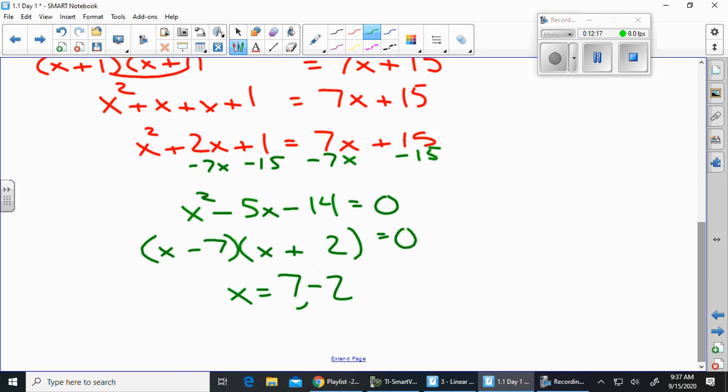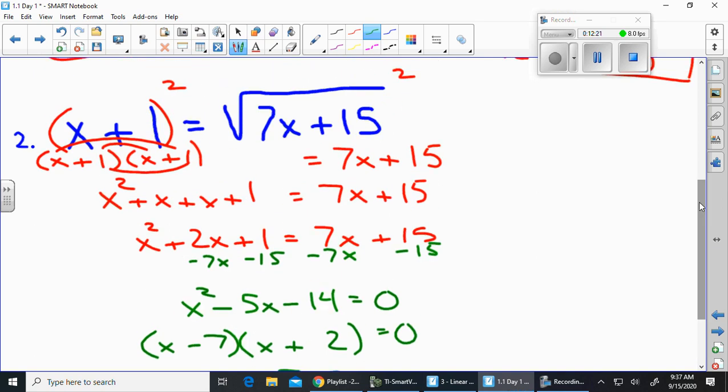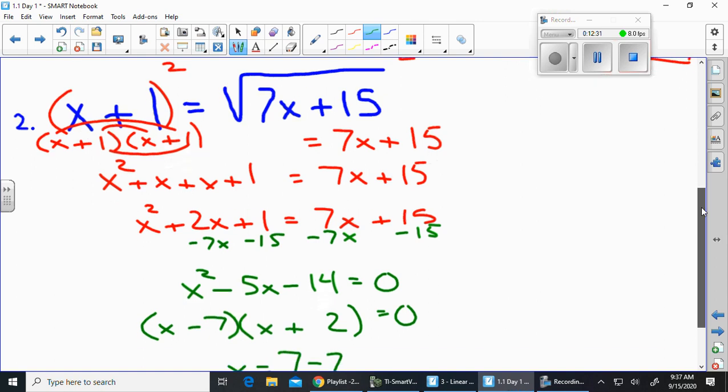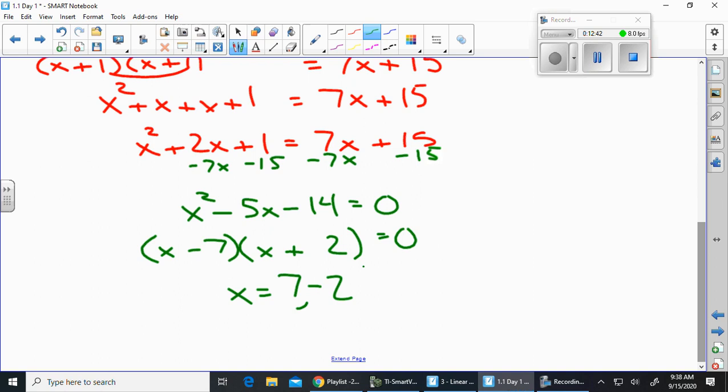Now I have to check back into the original problem. Well, 7 times 7 plus 15, square root of 64, is equal to 7 plus 1. But if I put negative 2 in, that's going to be the square root of 1 equals negative 1, which is wrong. So I would cross that off.